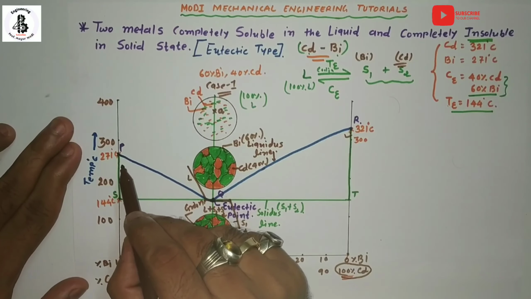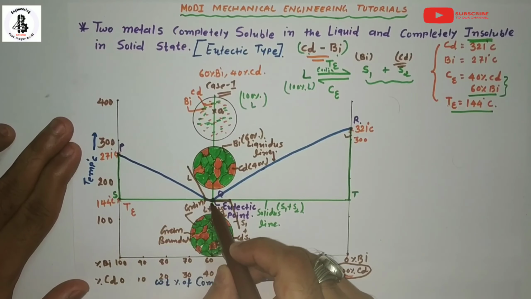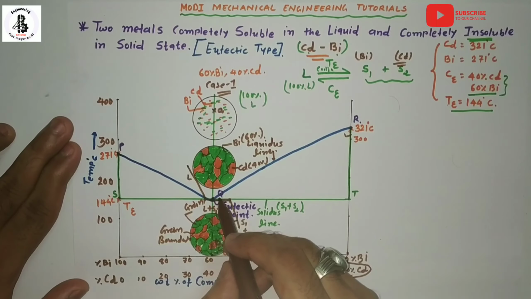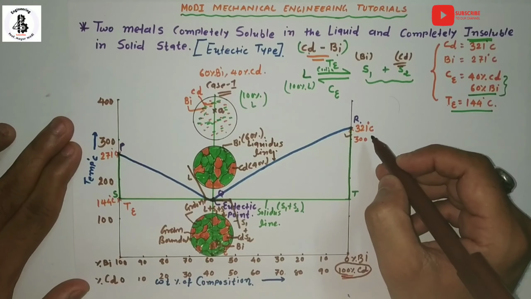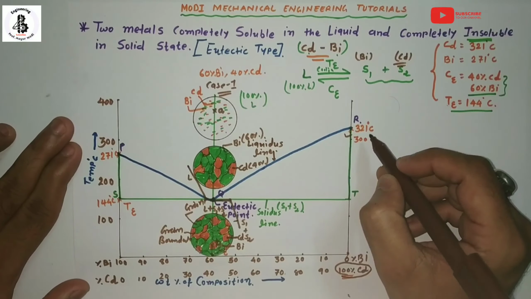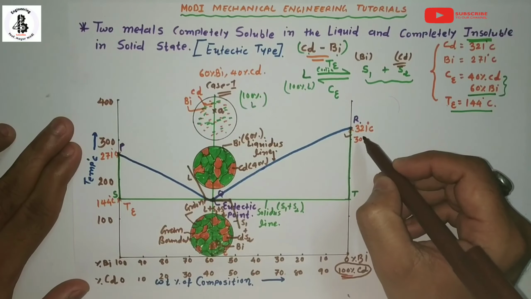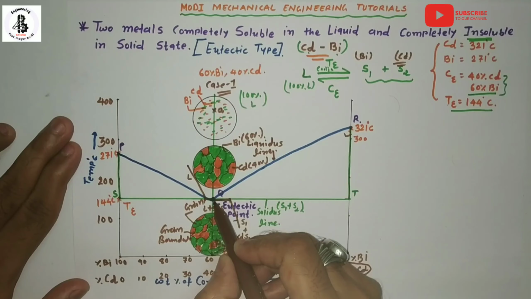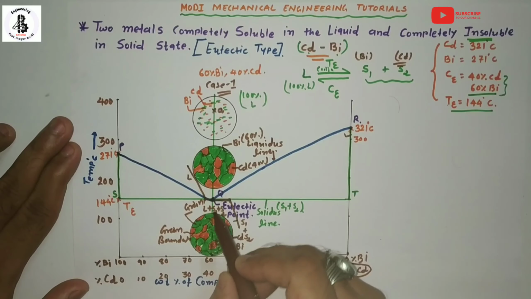Now it will also freeze at the same temperature. The start of solidification is carried out by the metal with the higher melting point. Then the other metal also solidifies at the same temperature, the eutectic temperature.